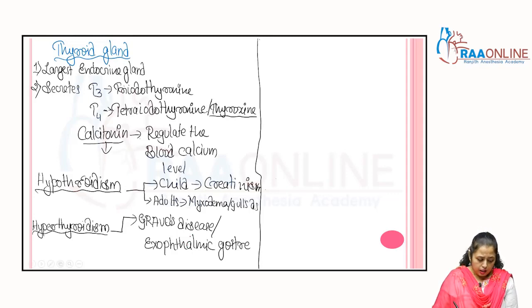So that's why the thyroid gland is very important for our body to maintain the metabolism. In case of hypothyroidism, our cell activities get reduced. So the patient is slow, sluggish and lethargic, and due to the deficiency of thyroxine hormone, energy is deficient also.